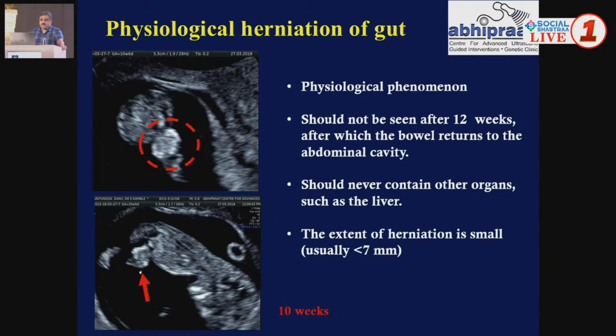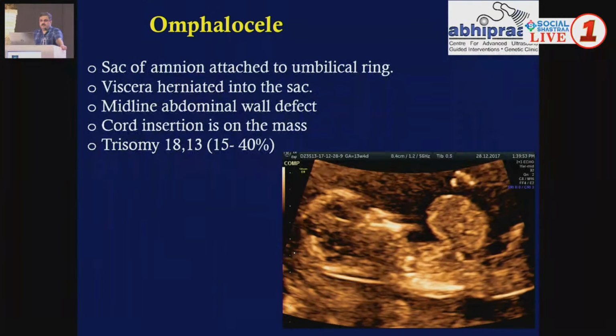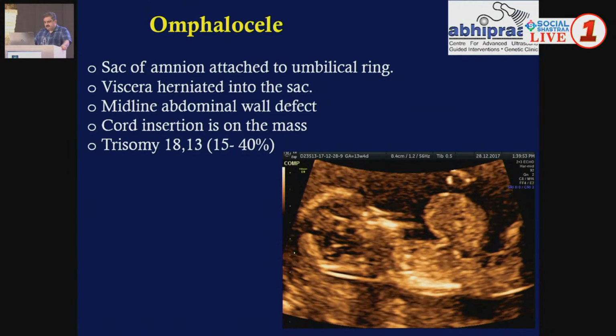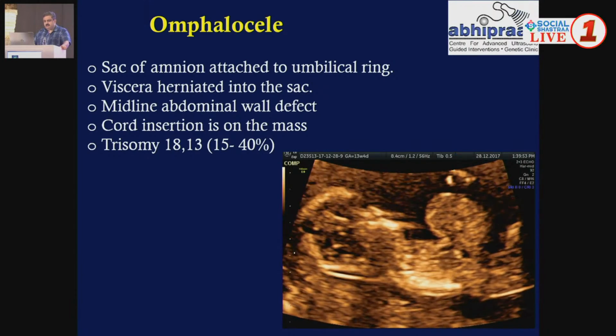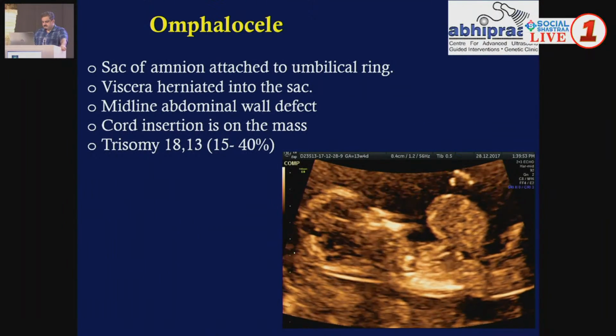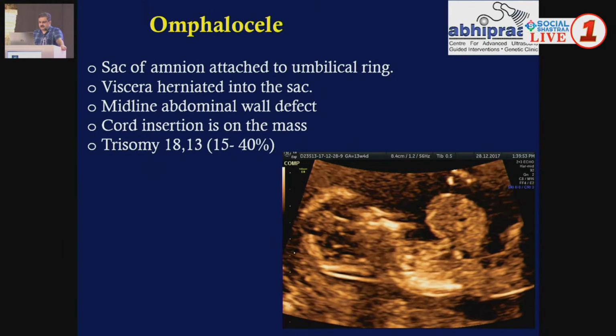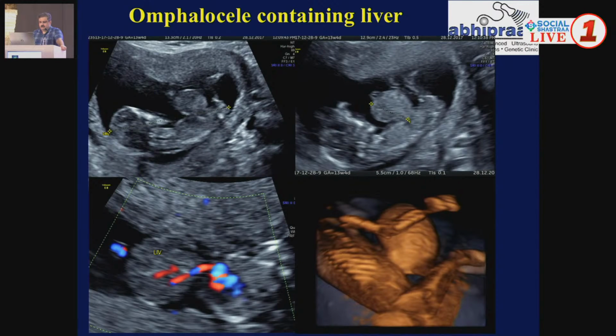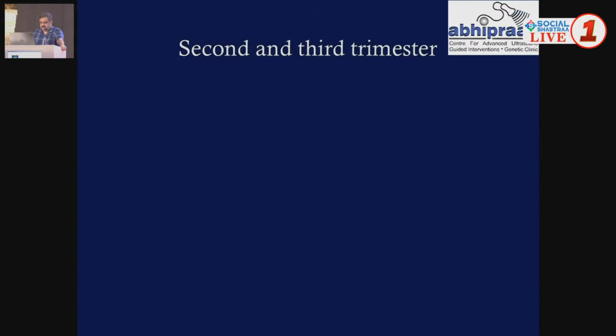If it contains liver, at any point in time, it is pathological. And if you measure the height of the herniated contents, if it is more than 7 millimeter at any given point, it points to an abnormal pathology, namely omphalocele, because you will see the amniotic covered sac with the umbilical cord inserting onto the defect and the herniated contents.